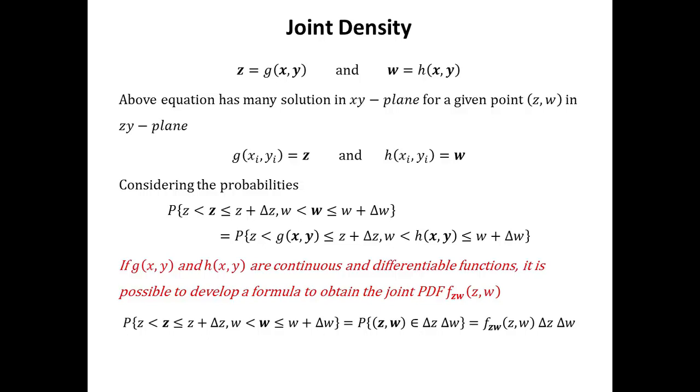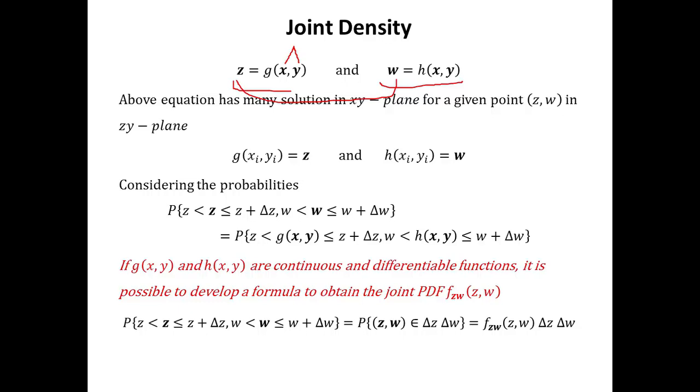Now again, let us elaborate this discussion to come up with a mathematical formula where we wish to determine f_ZW in terms of f_XY. For this, let us again consider the random variables z equals g(x,y) and w equals h(x,y), and these two functions g and h give us many solutions in terms of x and y for a given z and w.